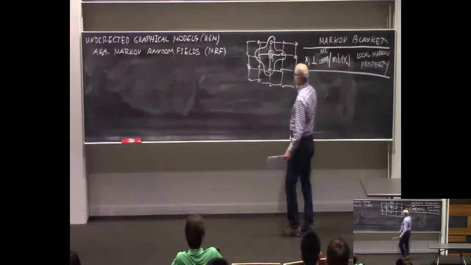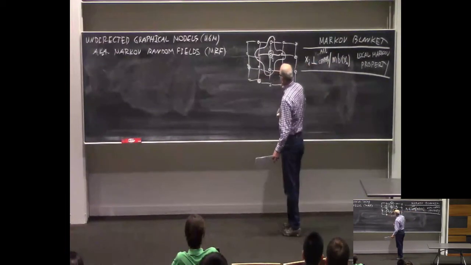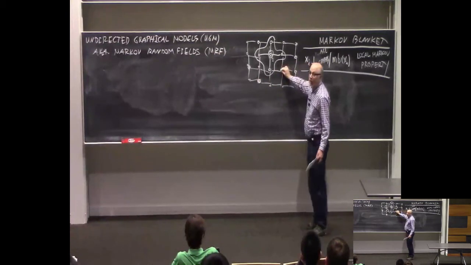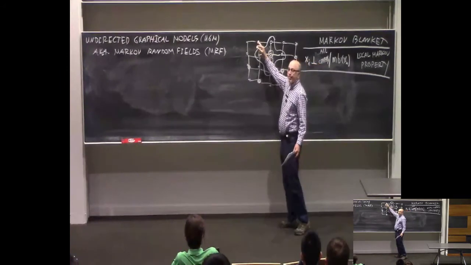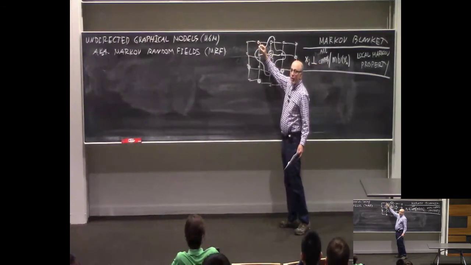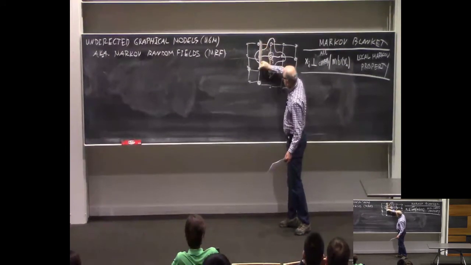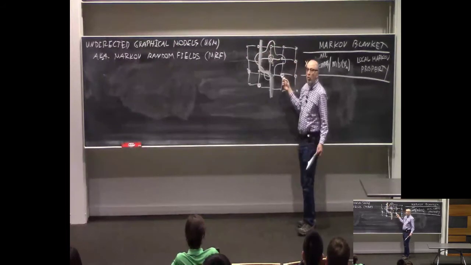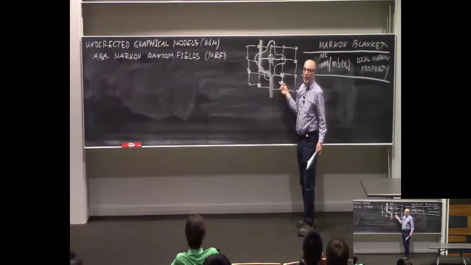An alternative way of defining it is to say that this node becomes independent of this node if you condition on a wall that separates them. So if you condition on a set of nodes, let's say these, such that there is no longer a path from here to here, then these two become independent.